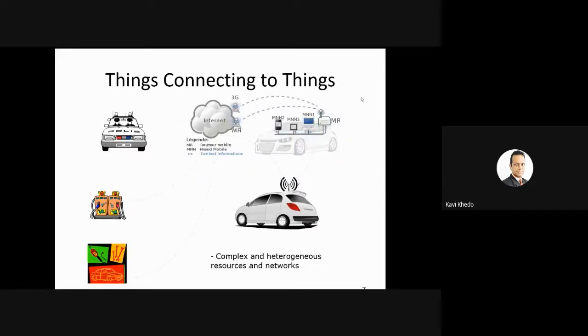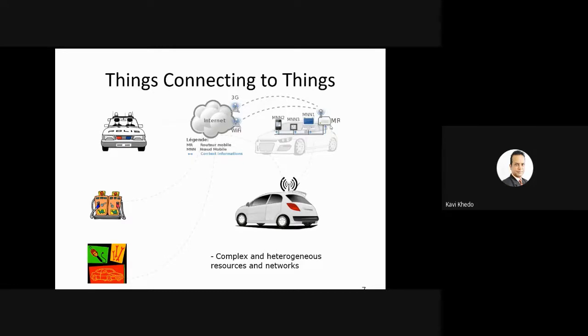And things connecting to things. I don't know whether you are aware, there is an area called M2M, machine-to-machine connection. Previously it was mostly human to machine, which we call HCI, human-computer interaction, but now we are increasingly having M2M, a machine connecting to another machine to do something interesting for you.